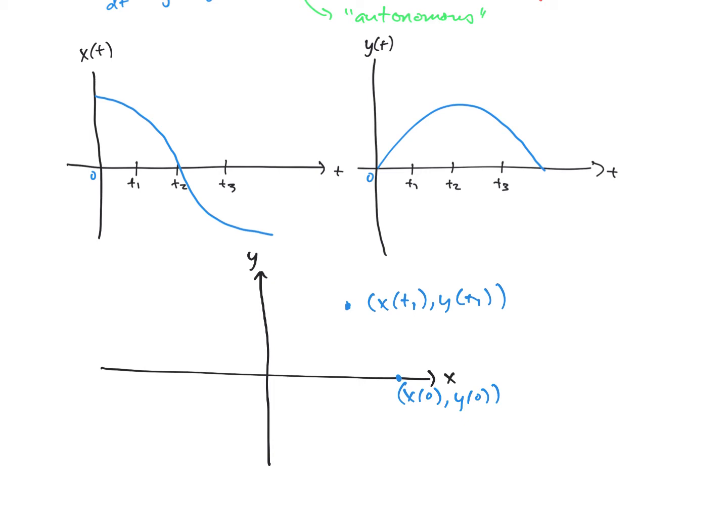At t2, now x is 0 and y is up here. So x of t2, y of t2. And x of t3, y of t3. I didn't name anything t4, but if we had it, we'd be down there.